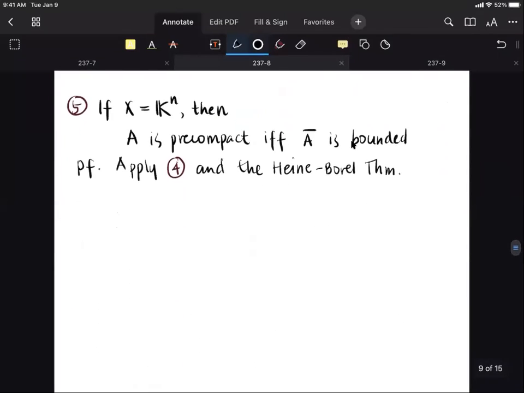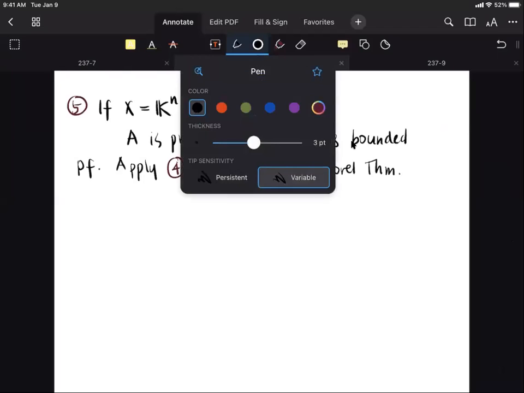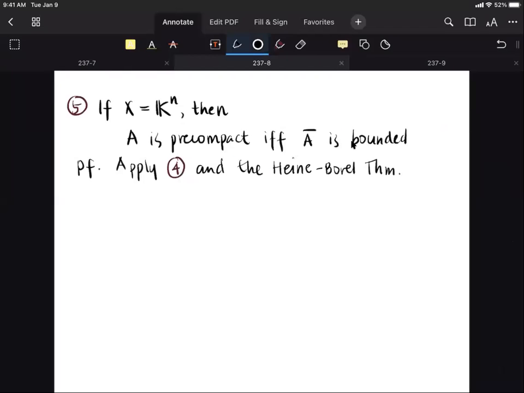And finally, the image of a pre-compact set under a uniformly continuous map between two metric spaces is again pre-compact. So let us state that precisely.